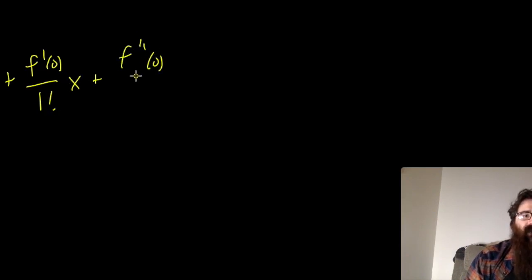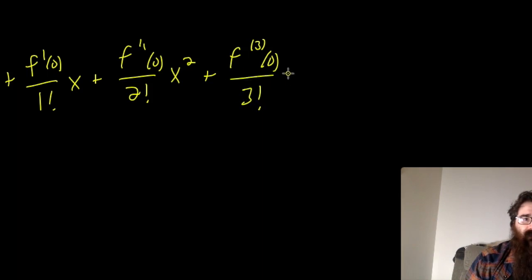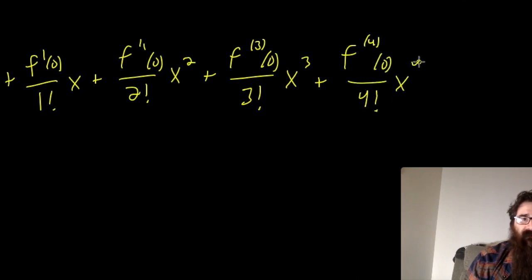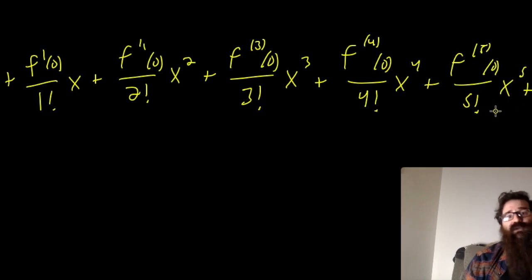So this would be f at 0 plus f prime at 0 over 1 factorial times x plus f double prime at 0 over 2 factorial times x squared plus f's third order derivative at 0 over 3 factorial times x cubed, f's fourth order derivative at 0 over 4 factorial times x to the fourth, f's fifth order derivative at 0 over 5 factorial times x to the fifth, and so on and so forth. But now I want to start dropping in the information that I have from these.